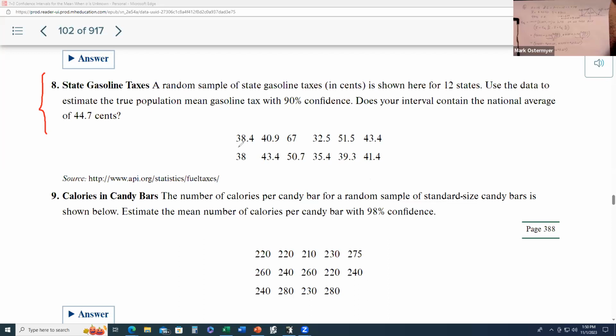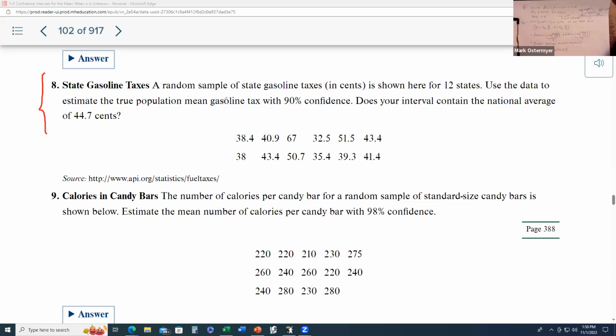Notice they give us a small sample here, the raw data of a small sample, and they want us to build a 90% confidence interval for the true population mean gas tax for all states. This sample only constitutes 12 states.